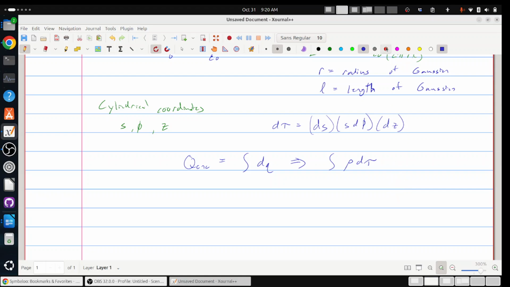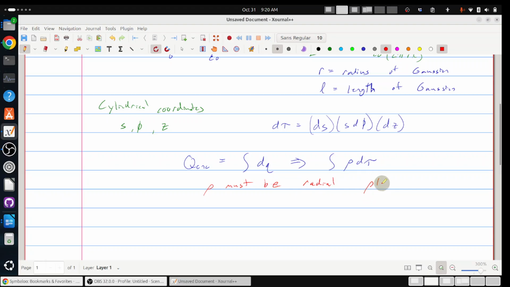We're going to be able to use a Gaussian as long as this rho must be radial.